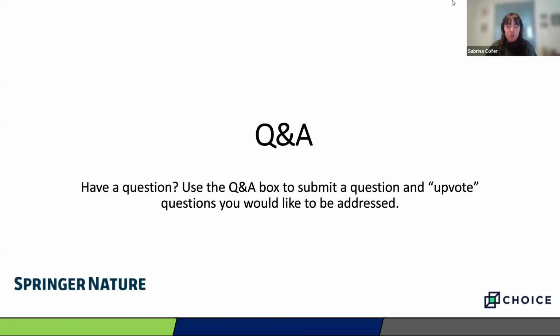Okay, let's get started. So it looks like the most popular question is one that comes up a lot in AI-related webinars about the ethics of using AI with its environmental impact.